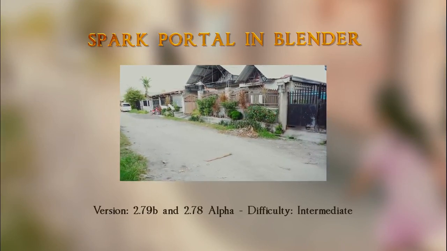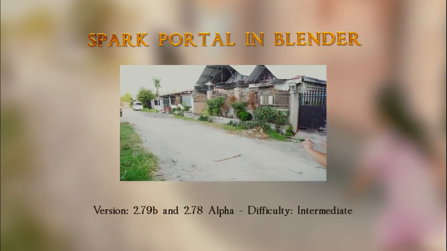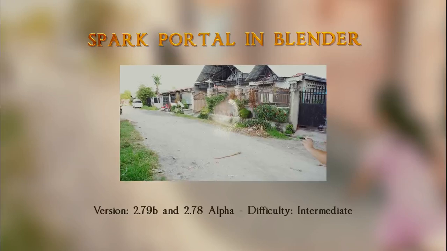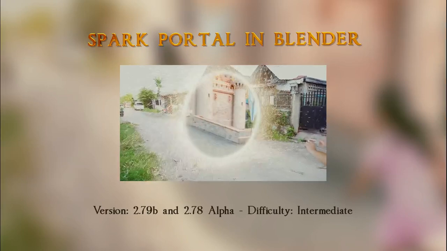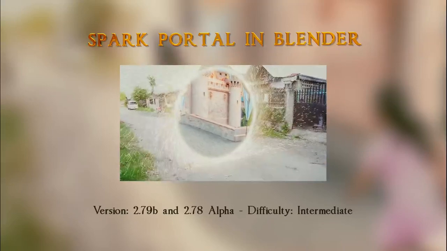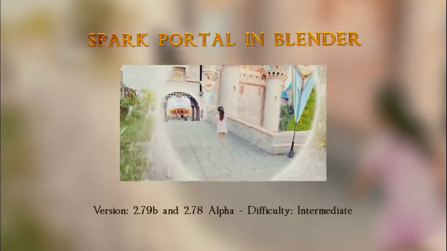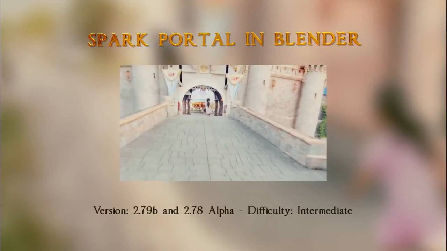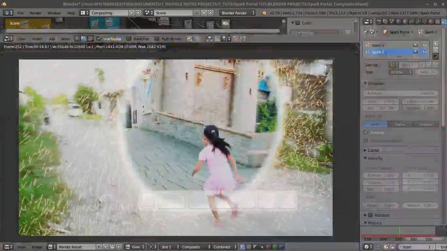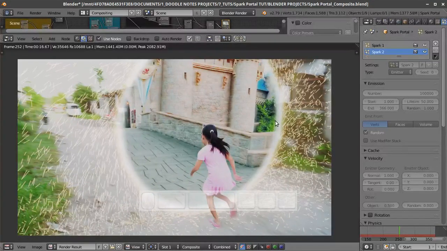This is how I made a Spark portal in Blender. So yeah, that's all. Like I said, I'll be publishing this video as an actual video later on in my channel. That's it. This is how I made a portal to Disneyland.